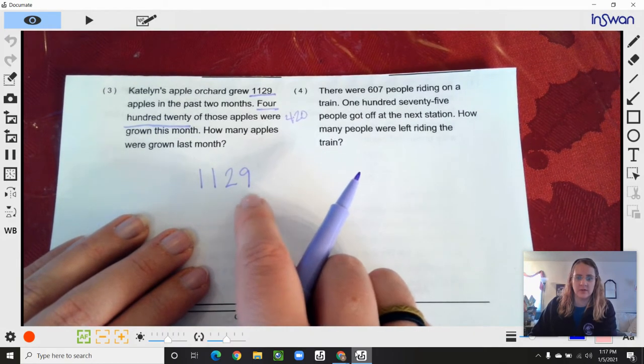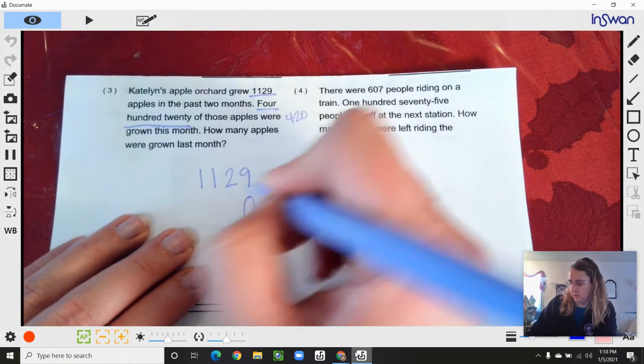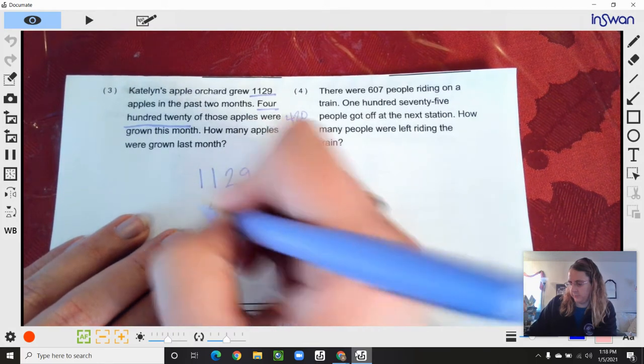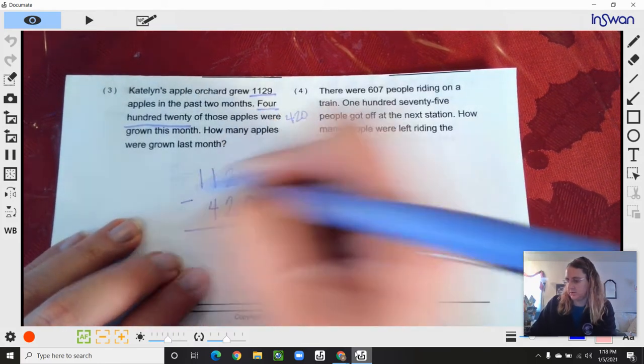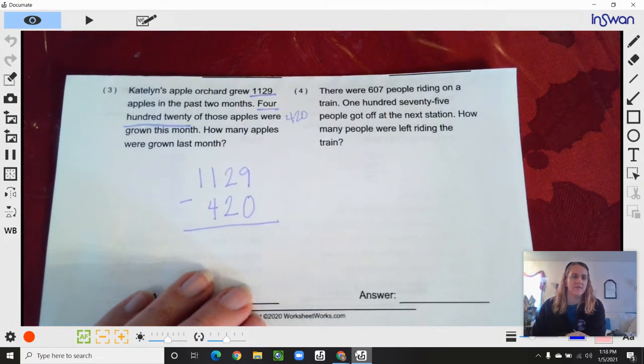I need to make sure that I'm lined up in the ones column. Okay, so there's nothing to go underneath of that first digit. Okay, go ahead and try working this out on your own. And then when you're done, come back and I will tell you how you did.